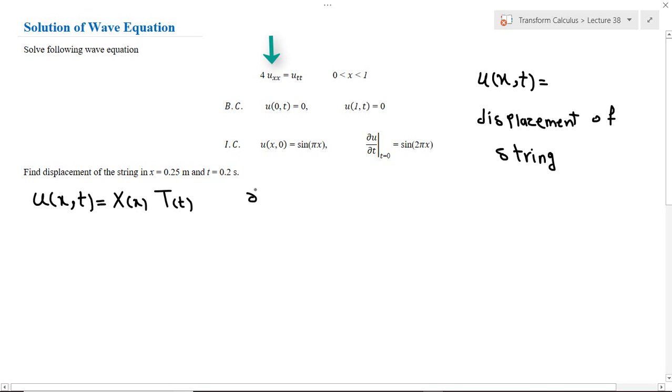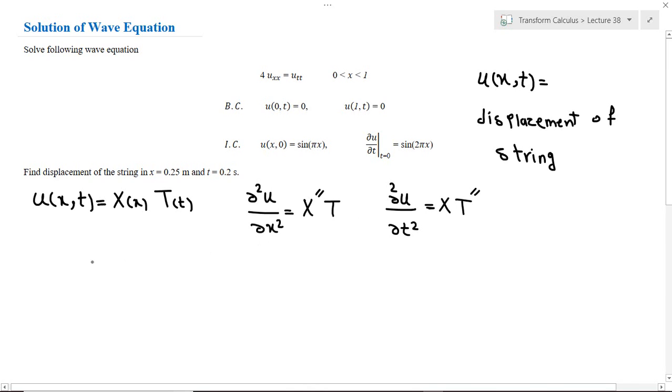So second derivative of u with respect to x is equal to X double prime times T, and second derivative of u with respect to t is X times T double prime.